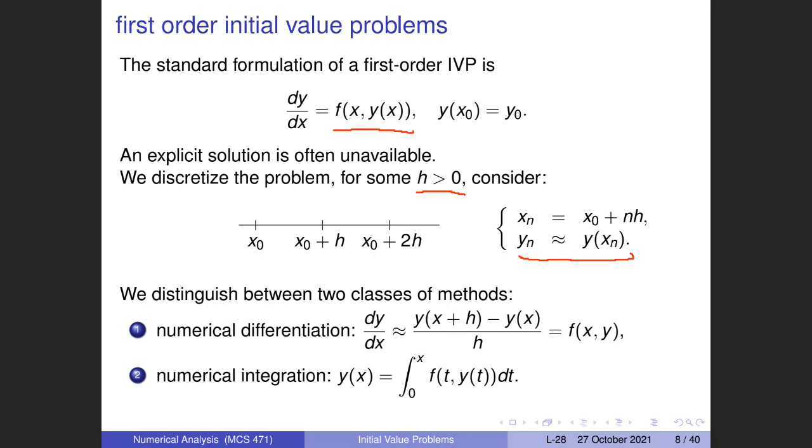The first method is to use forward differences, so we approximate the left-hand side. Applying methods from differentiation to the left-hand side gives us one class of method. In the second class of method, we look at the right-hand side.